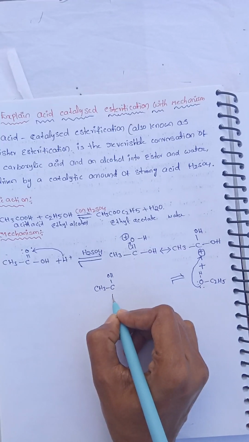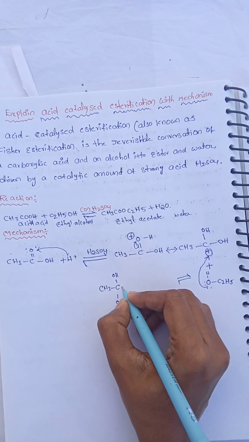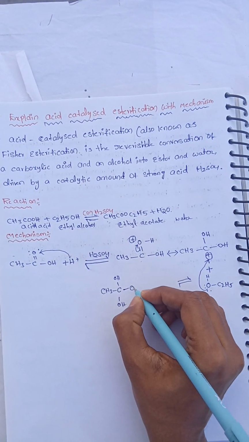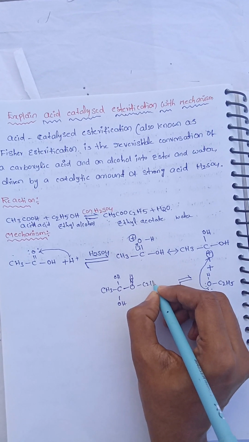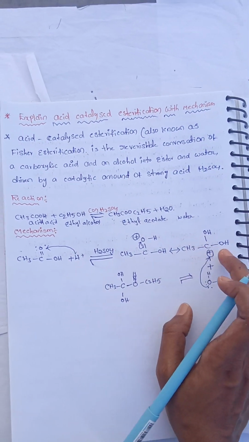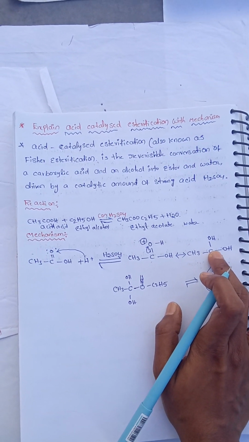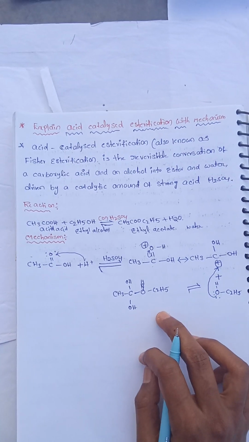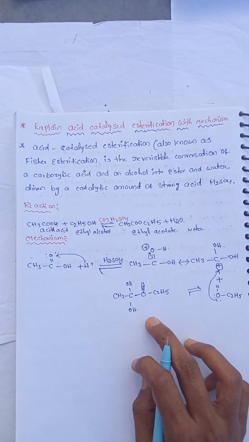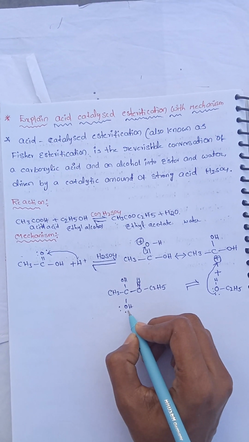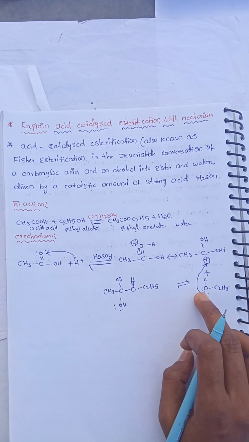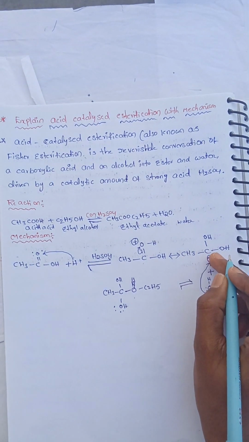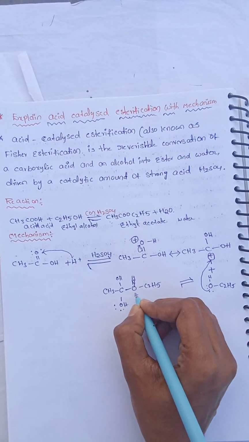So you have to write OH right below the carbon, like this, and this OH is attached to this carbon. Again this OH has lone pair electrons, and now this oxygen gets a positive charge again.